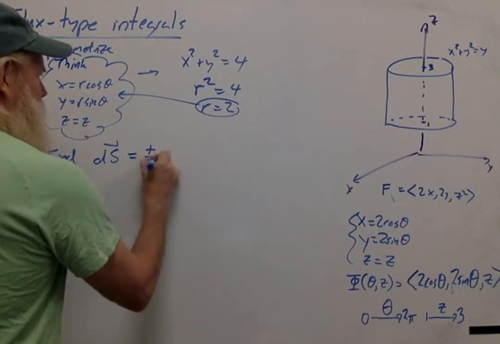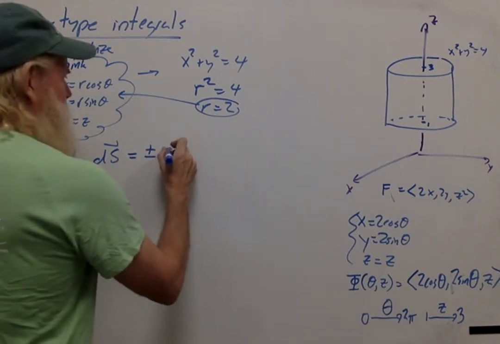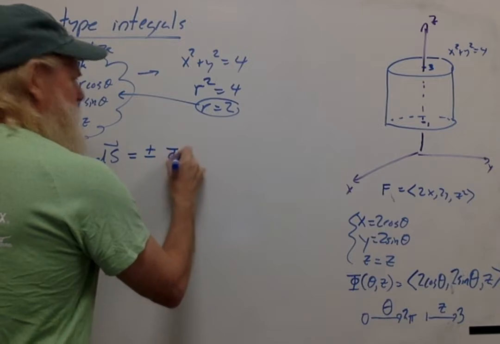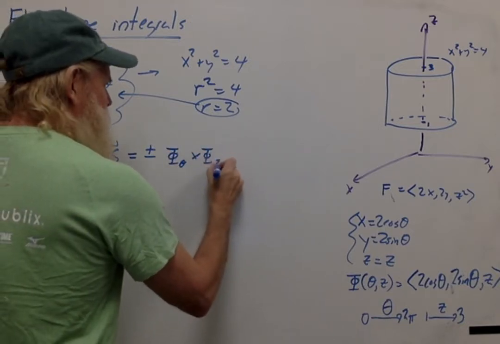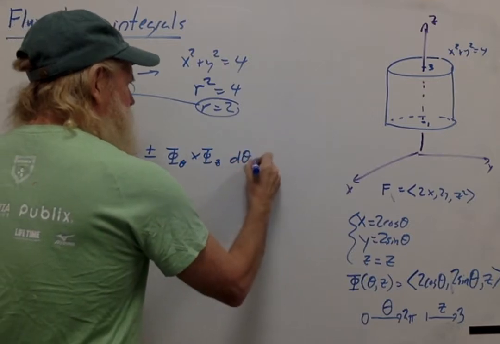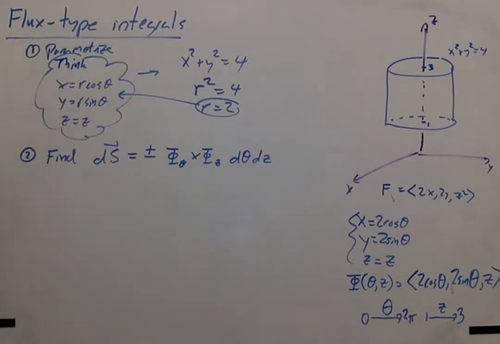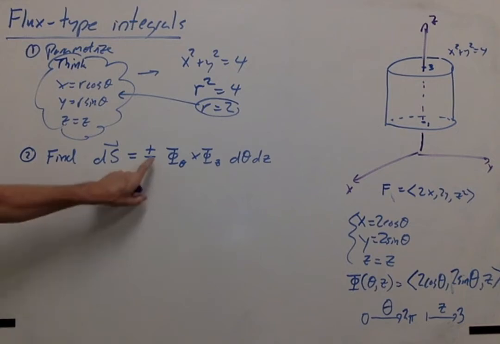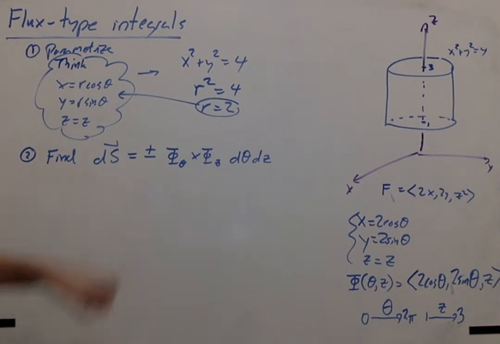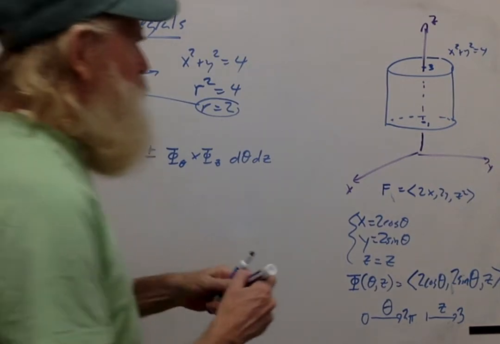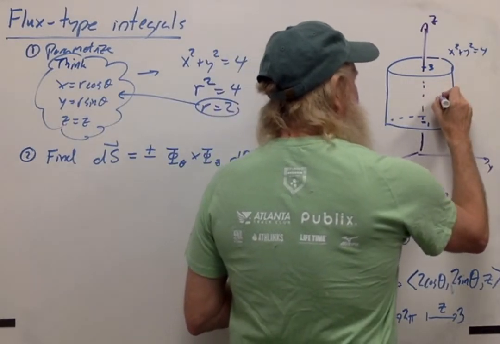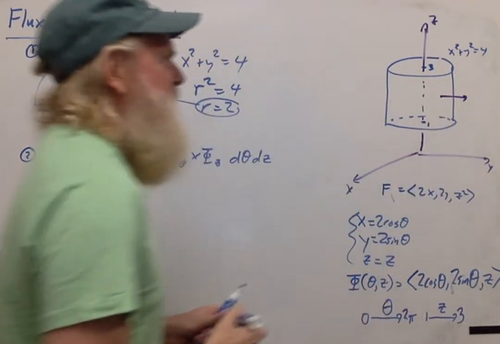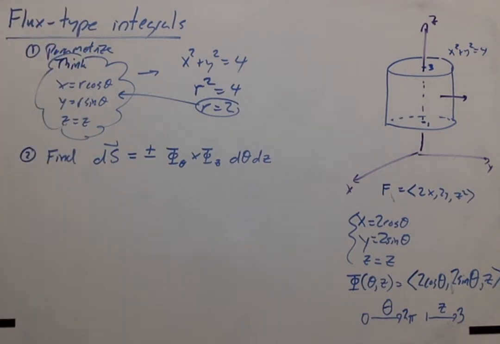Now remember, the formula for dS is plus or minus d phi d theta crossed with d phi dz. And we'll choose the plus or minus so that I get that outward orientation. So in pictures, I want a vector on the surface to be pointing away from the z-axis, not inward.